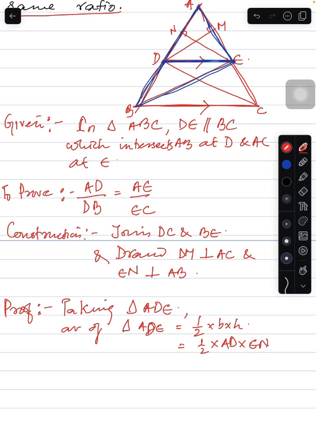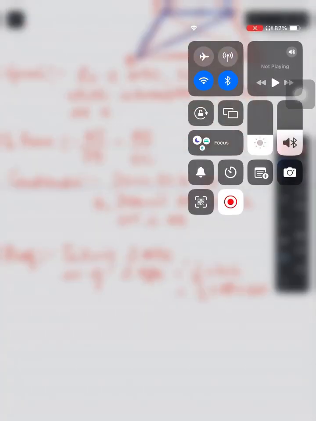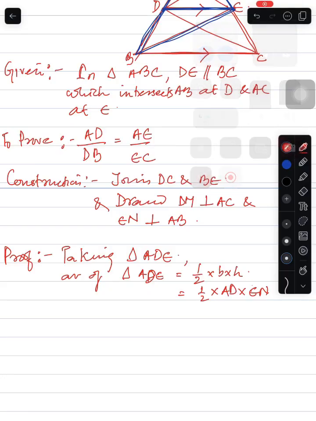EN is the height. Now, half base into height you've put, no?